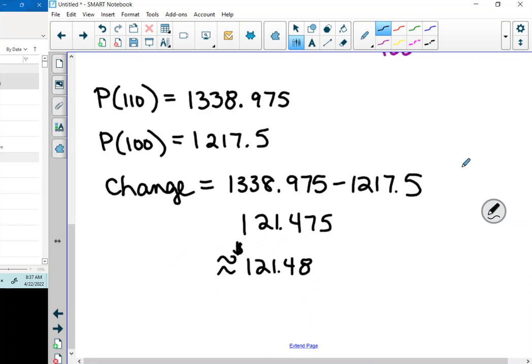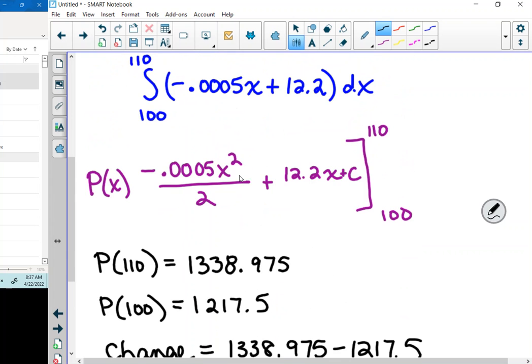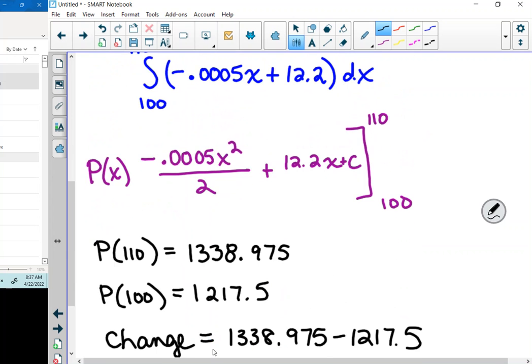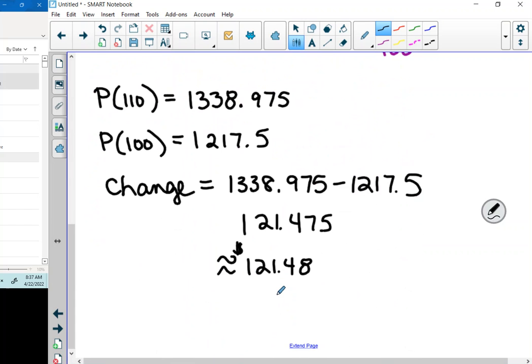So 10 items, that's about 12-ish per item. Maybe that margin is still a little bigger, so we could push this a little bit more. If this changes, then this gets a little smaller. So we know that we're operating in the most efficient way.